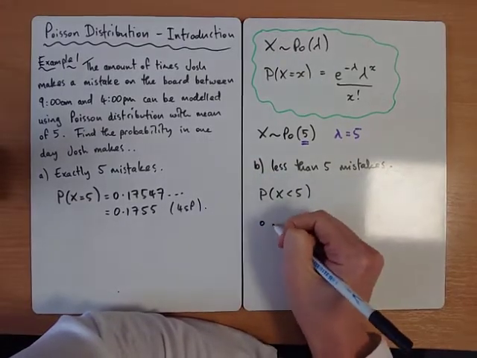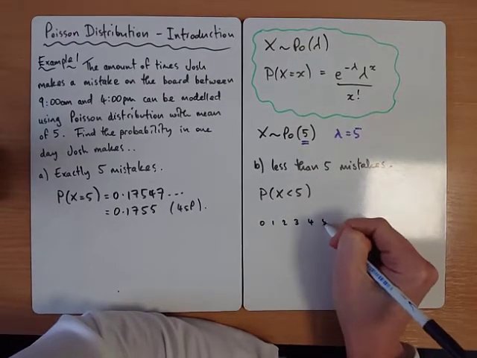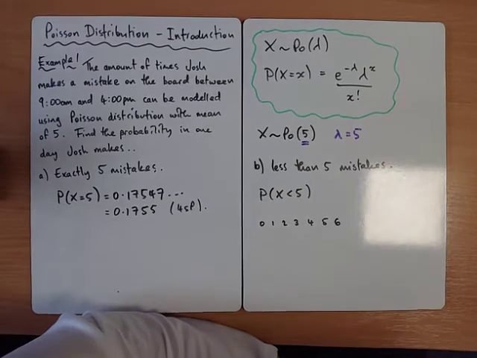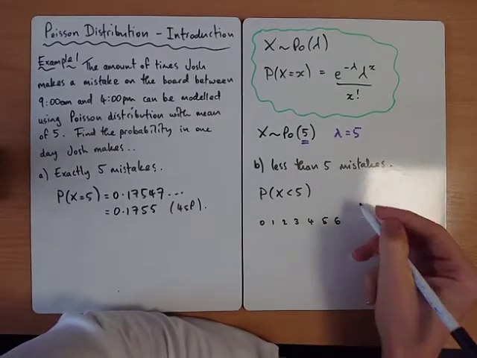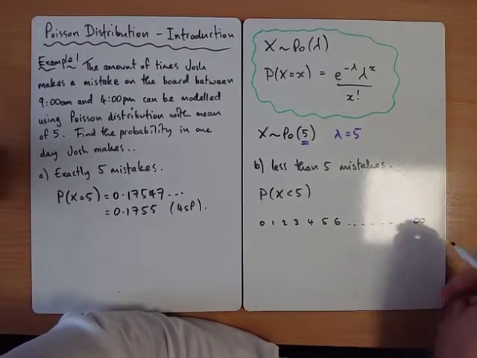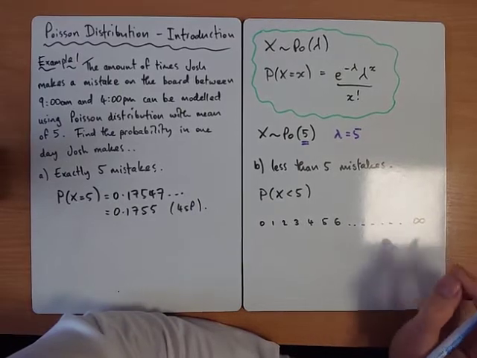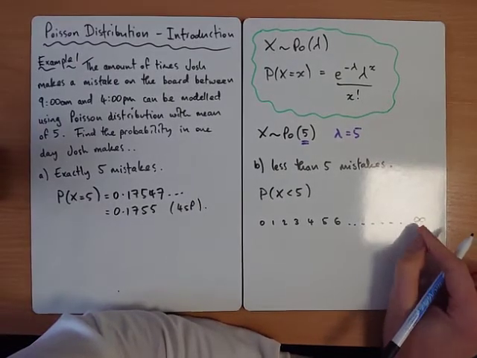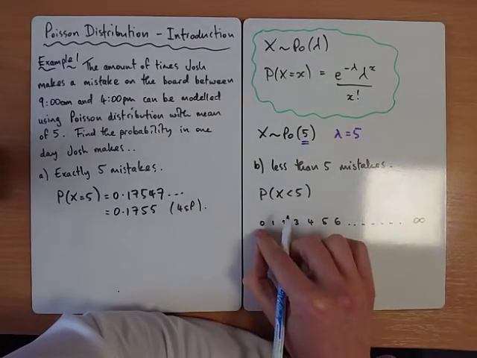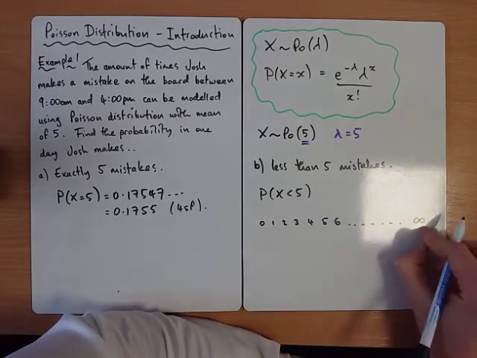I could make 0 mistakes, I could make 1 mistake, I could make 2, 3, 4, 5. One of the main differences between this one and the binomial is that with the binomial you had a fixed number of trials, but theoretically I could have a really bad day and make a very large number of mistakes. There's no upper limit on the number of mistakes I would make, but the chance of that happening would be really small. So on our number line, the total number of mistakes could be anywhere between 0 and infinity.